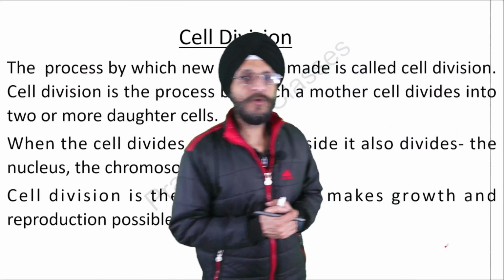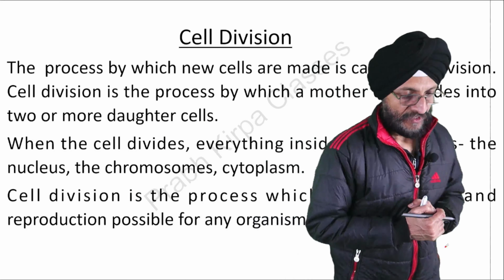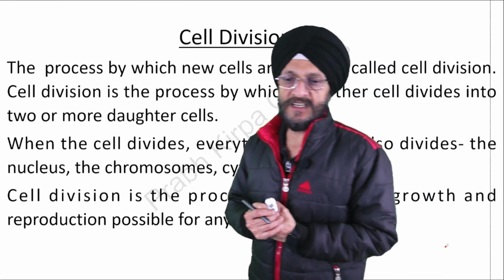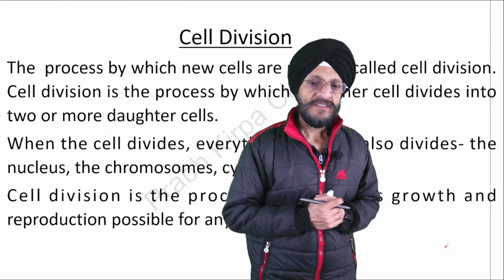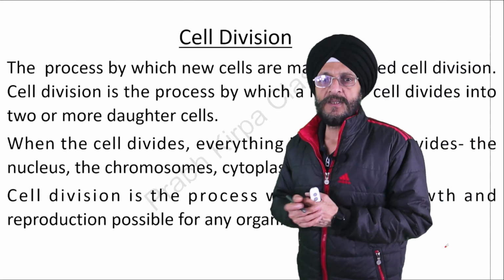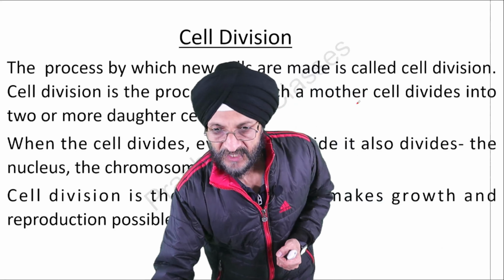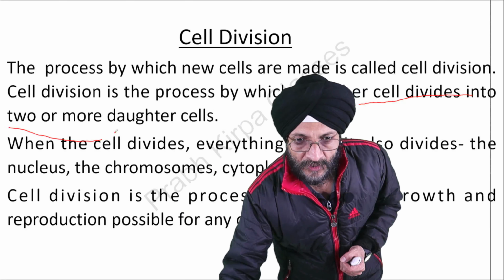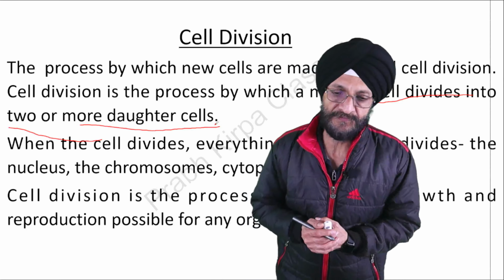Now we discuss cell division. The process by which new cells are made is called cell division. Cell division is a process by which a mother cell divides into two or more daughter cells.